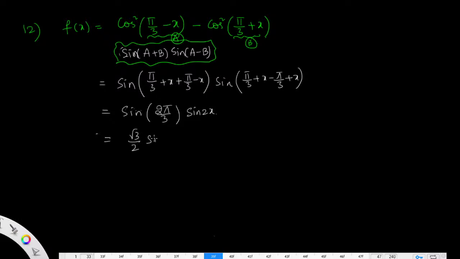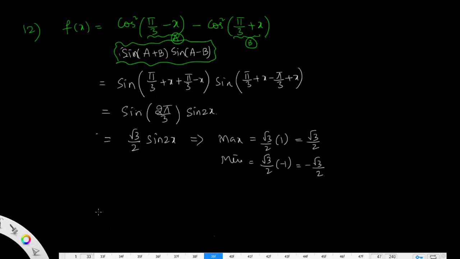So root 3 by 2 into sine 2x. The maximum value is root 3 by 2 into plus 1, and the minimum value is root 3 by 2 into minus 1, which is equal to root 3 by 2 and minus root 3 by 2. That's all.